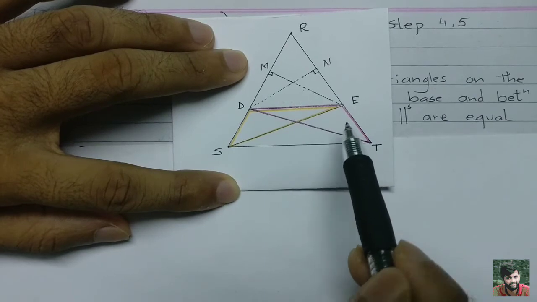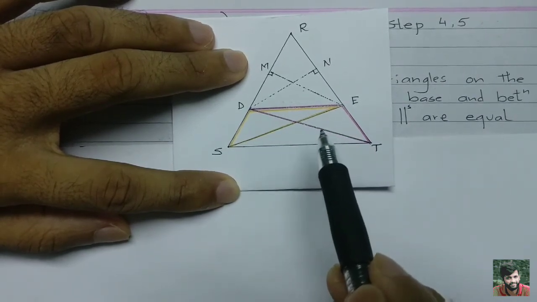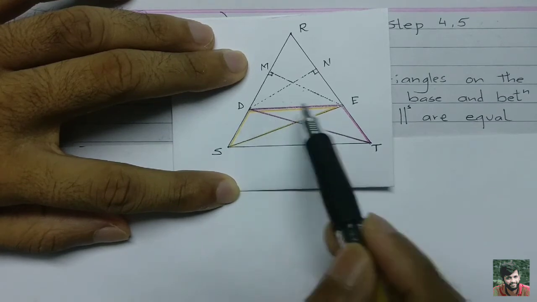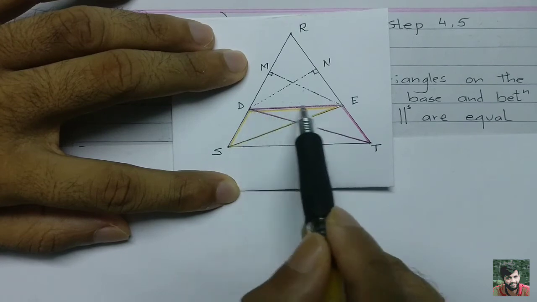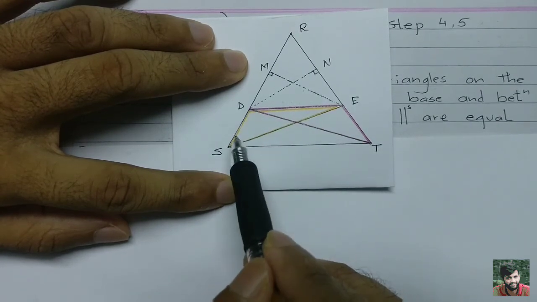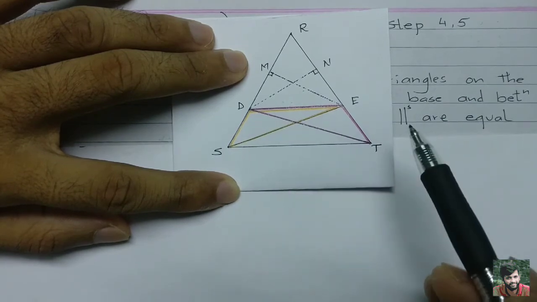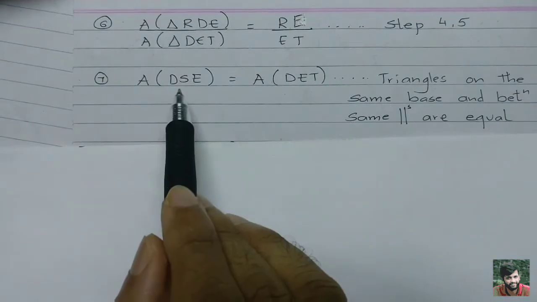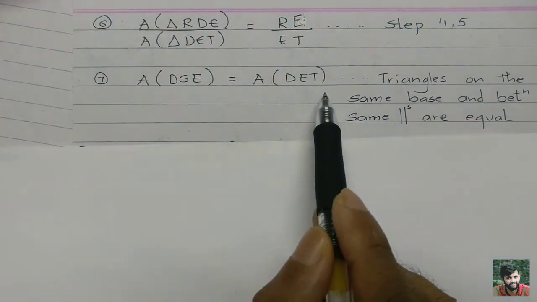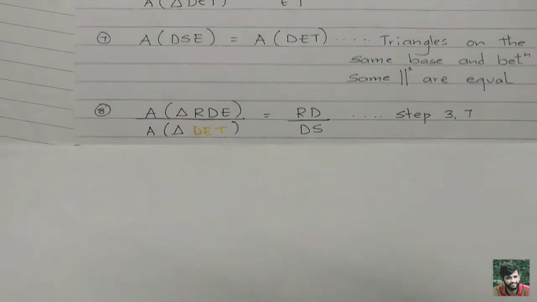This is from 9th standard portion. Hope you remember it. If not, I'm just explaining it to you. When triangles are on the same base between the same parallels, the areas will always be equal. So that is what is written over here. Now once I have written this, now look at this part over here.